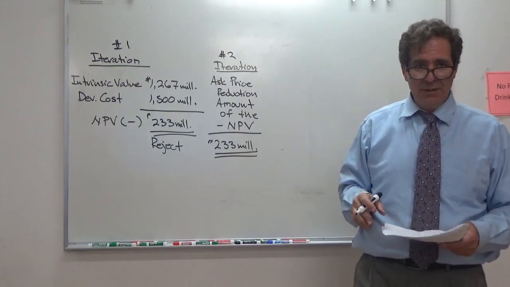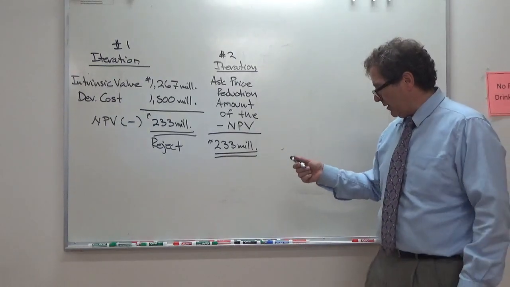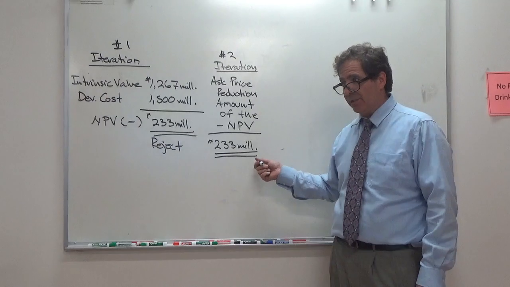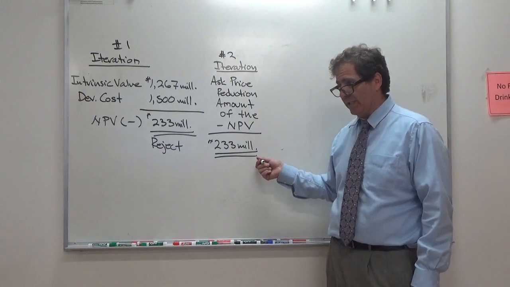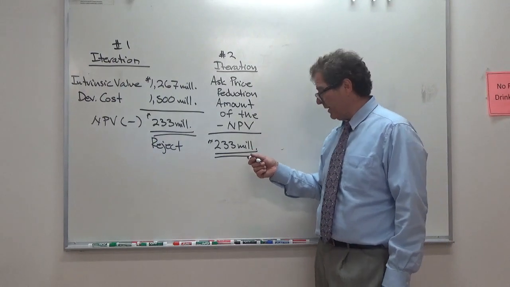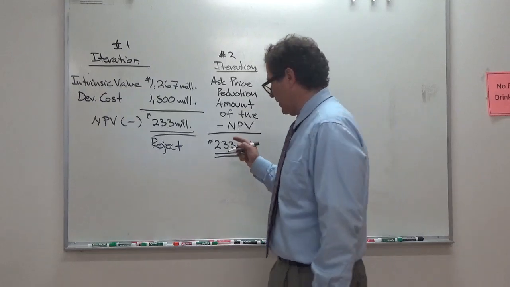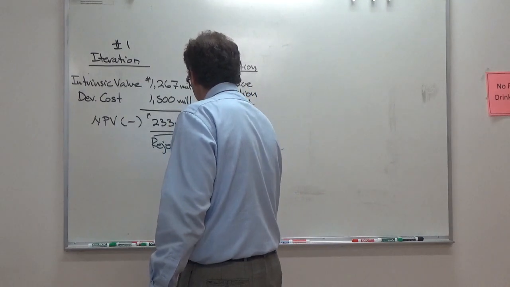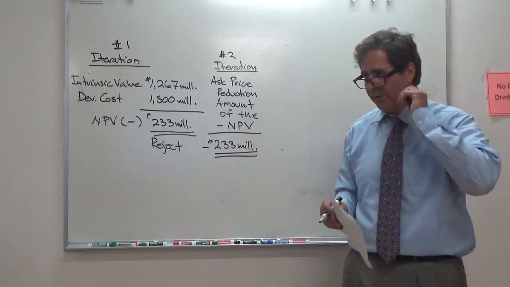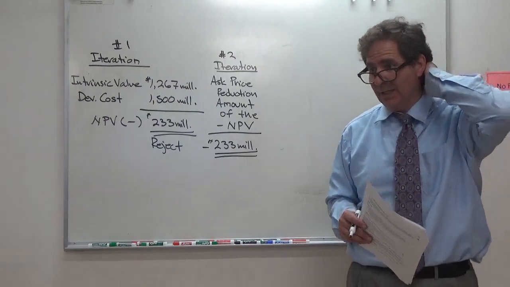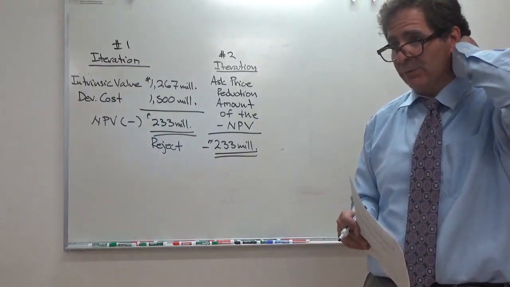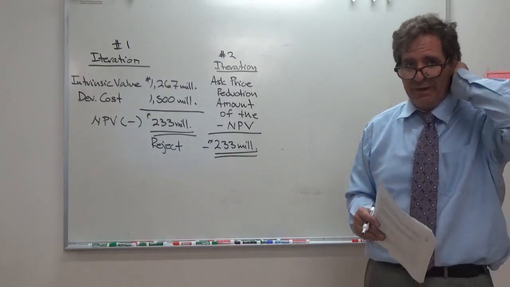Same thing. If it was an acquisition of the current building that's fully occupied now, I would have to go back and get a price reduction in the amount of the negative net present value of $233 million. Or if it was a development, I would have to go back and reduce the cost of the development.